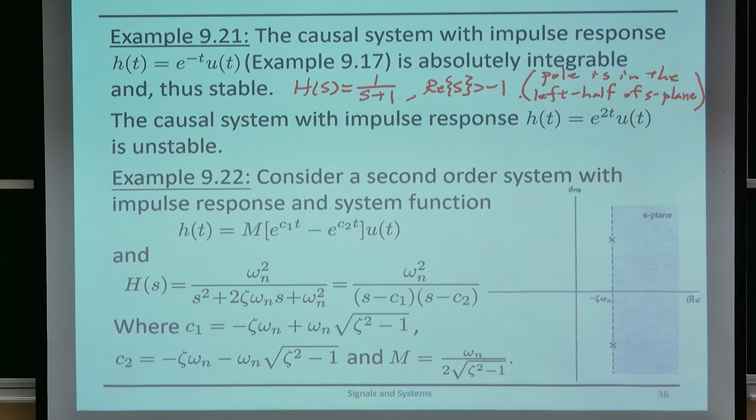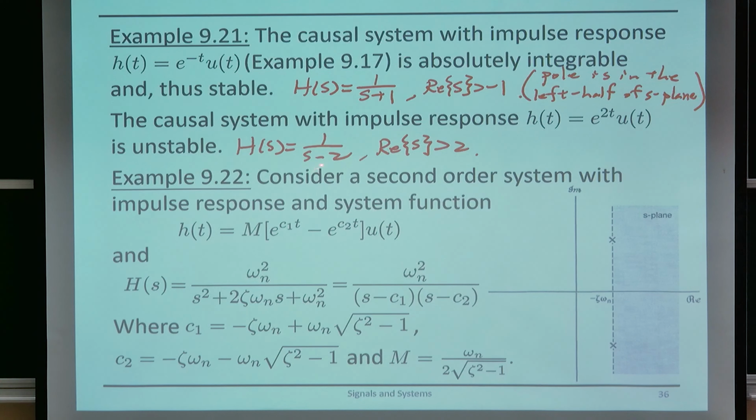Now, suppose you consider a causal system with impulse response given by this. This is an increasing exponential to the right of the origin. If you observe the Laplace transform, this is 1 over s minus 2. And because it's causal, the region of convergence must be greater than 2.